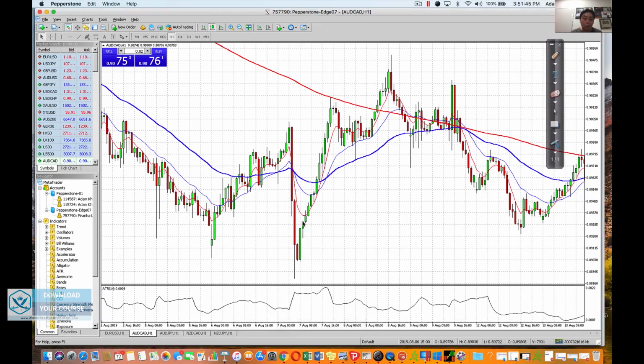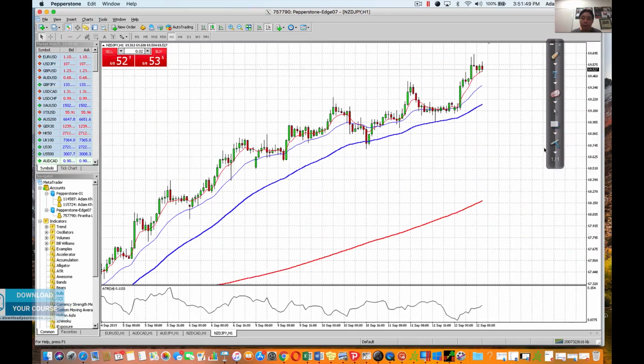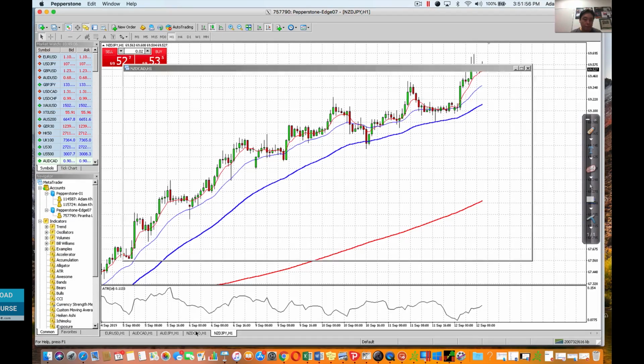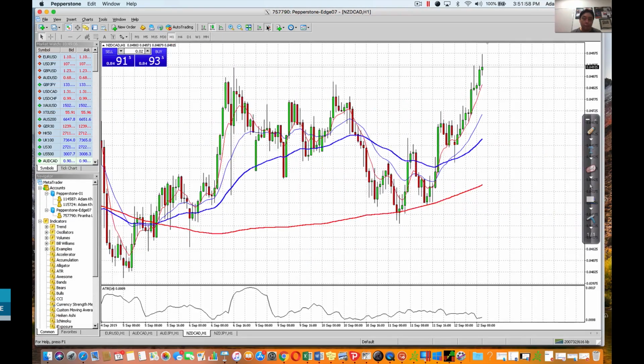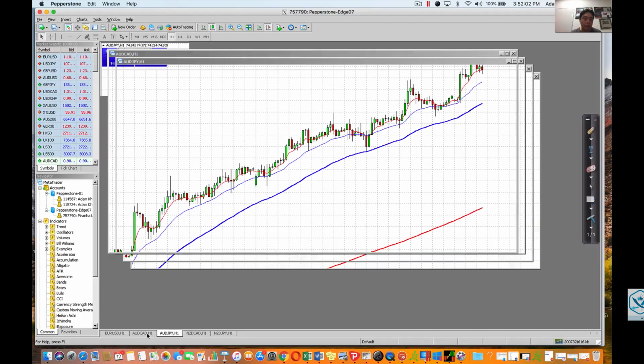All right, so right now I'm just looking at four pairs, which is the New Zealand Yen over here. And again, I'm looking at the New Zealand CAD and Aussie Yen and Aussie CAD.